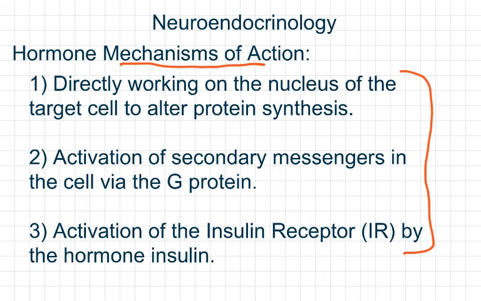And then finally, hormones bring about their effects by modifying cell membrane transport, either by activating or suppressing genes that alter protein synthesis, and by the activation of secondary messengers. Those are some of the key take-home messages I want you to take away from this section of the lecture.